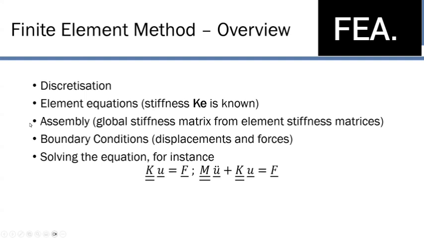Assembly is when you assemble all of these elements into one big global stiffness matrix, taking each individual one and combining it into a global one that represents the entire material. So instead of that big plate, we have the small elements, and then we merge them together into a global stiffness matrix to solve our problem.